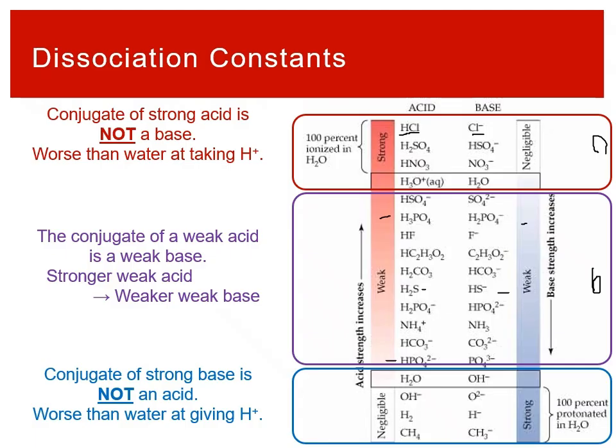It can barely affect the pH. You get like a pH of like 6.5 versus 7, whereas its conjugate, PO4 3 minus, is a pretty good weak base. It's not strong, but it's a pretty good weak base. You'd be pushing something like a pH of 11 or 12 as opposed to 13. So it can change it, but still, it is still weak. But there's always this kind of balance between them.